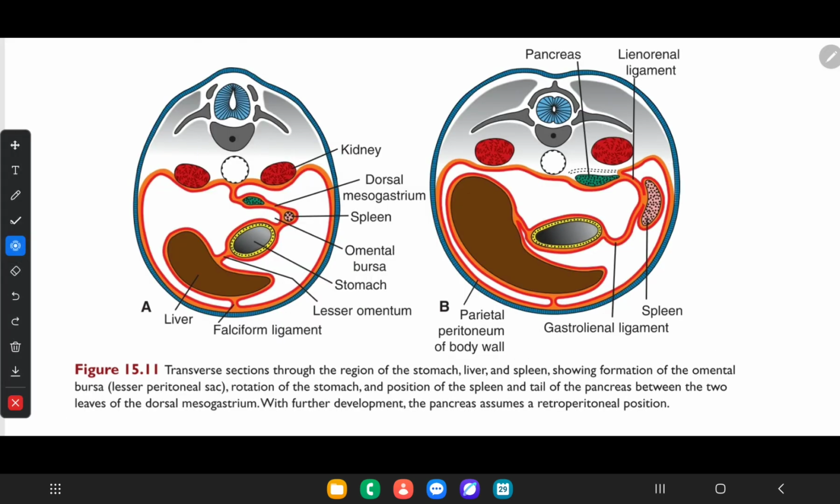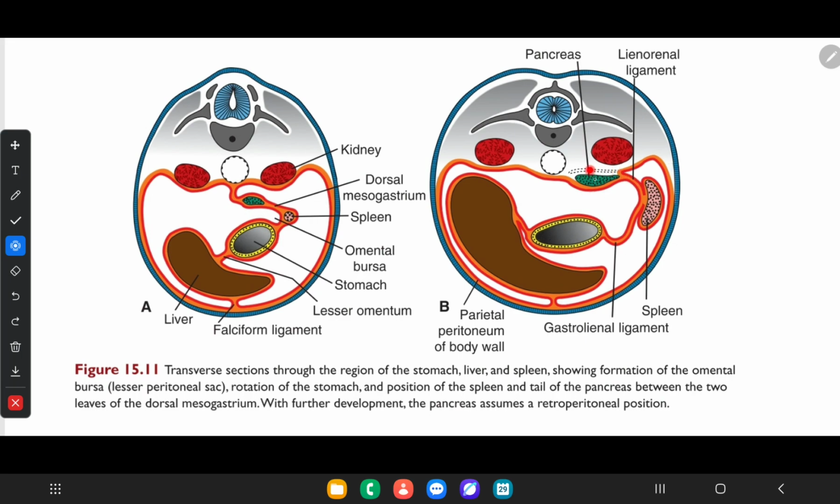In this diagram, you can see this is the liver and stomach, spleen, and you can see the green colored one. This one is the pancreatic bud. This pancreatic bud also initially develops in the dorsal mesogastrium, but here in this diagram you can see it is not an intraperitoneal organ.